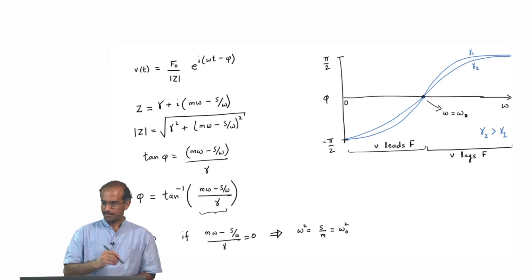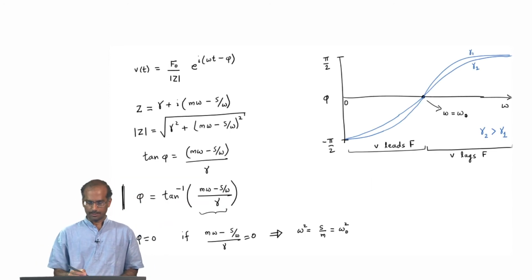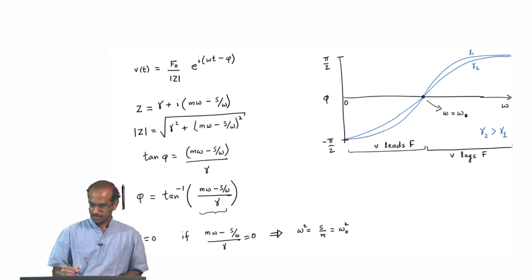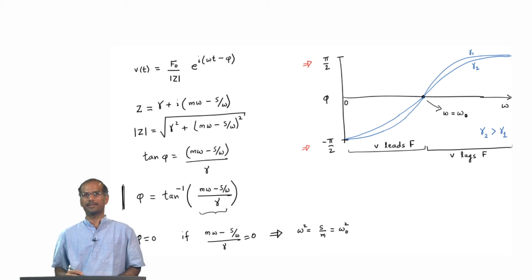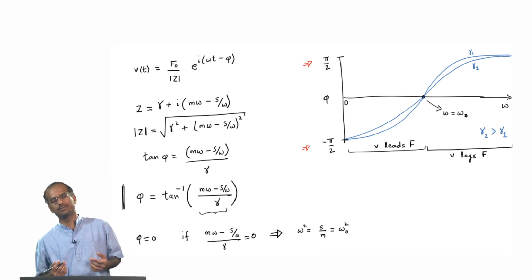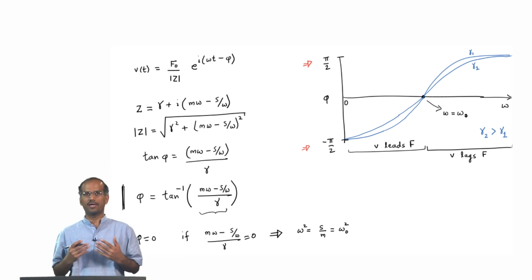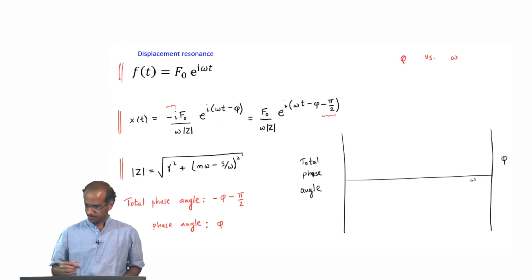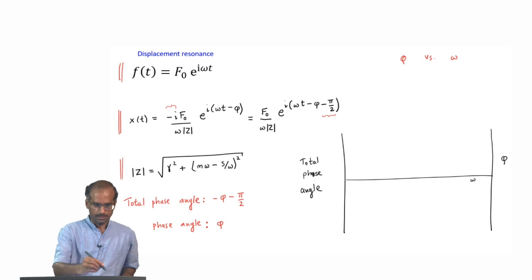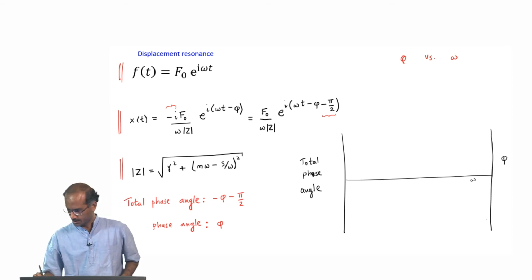If you remember from our previous arguments, phi goes from minus π/2 to plus π/2, because the expression is still the same whether it is velocity or displacement. So, here it will go from minus π/2 to plus π/2.